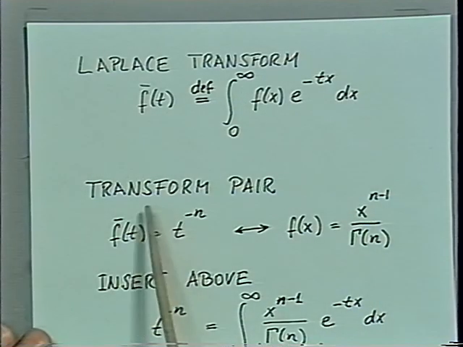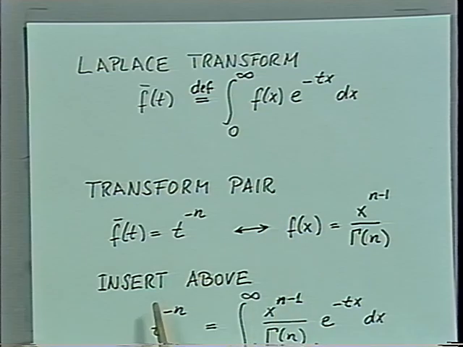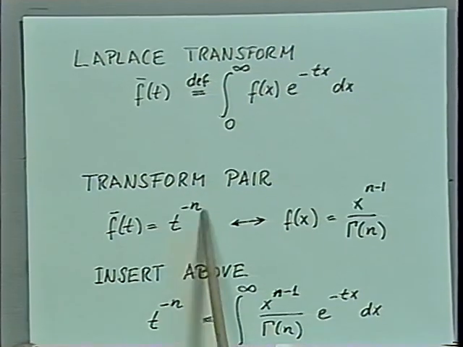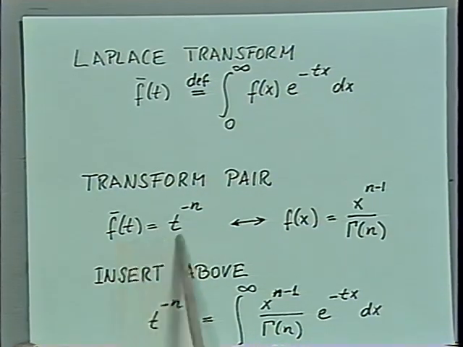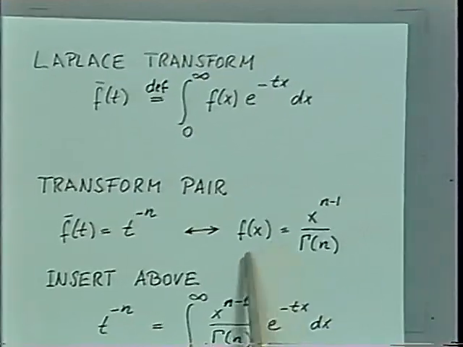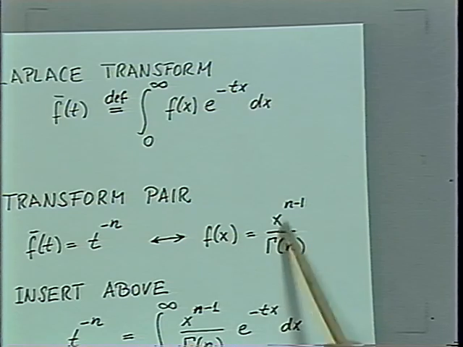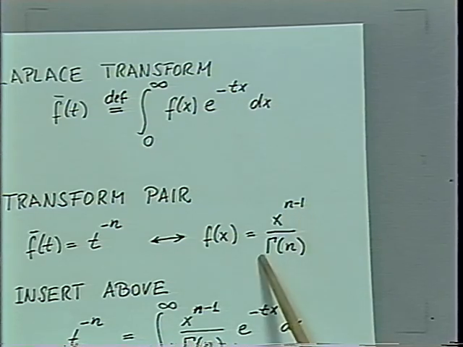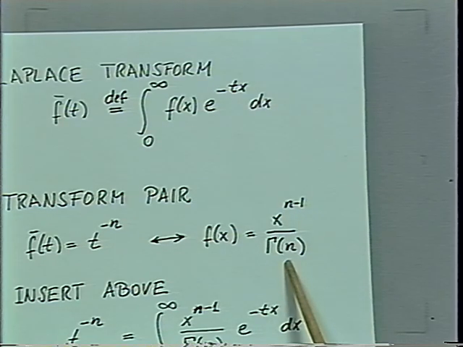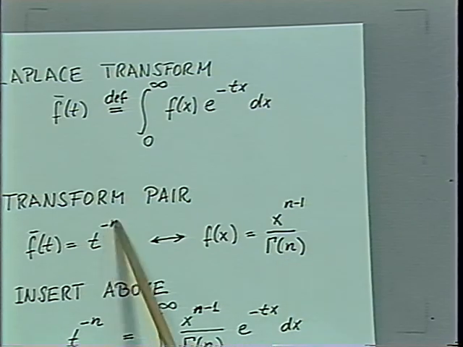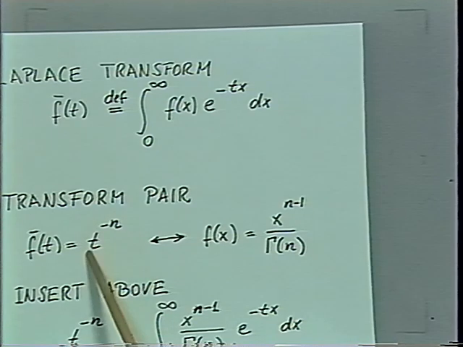Now, a typical transform pair can be looked up in a table, where t to the minus n is the function after transformation. And the kernel function f of x, in this case, is x to the n minus 1 divided by the gamma function of n. That's a tabulated solution which you could pick up. And we are really looking for a solution of t to the minus n here.